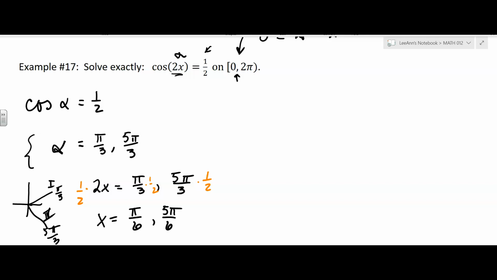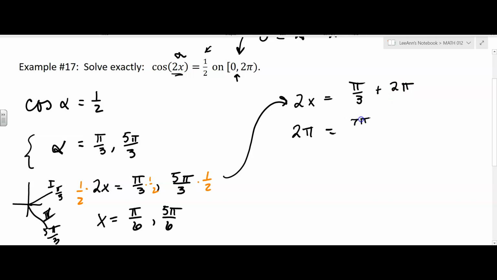Let's go back to this one here. So we were saying 2x equals pi over 3. Now I'm just going to do the one. But then let's go another time around the circle. Add 2 pi to that. In theory you could keep going around the circle. They just restricted our domain to 0 to 2 pi. But watch what happens. We get 2x equals 6 pi over 3 plus pi over 3, or 7 pi over 3.